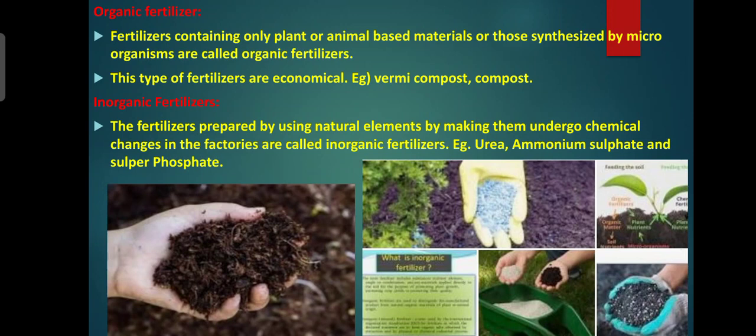Next one, inorganic fertilizer. Inorganic fertilizers are chemical fertilizers that contain nutrient elements for the growth of the crops, made by chemical means. Inorganic fertilizers are of the following types. First one, nitrogen fertilizer. Nitrogen fertilizer contains nitrogen necessary for the development of the crops.